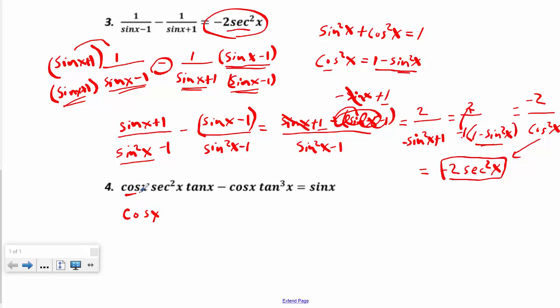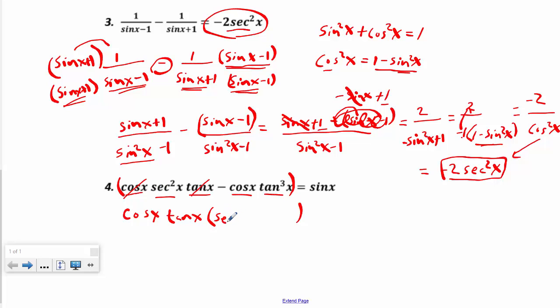But what I'm going to do is actually look at here. I have cosine x and tangent x on this side of this particular binomial expression. We got a term here and a term here. But this has a cosine, and so does this. This has a tangent on this side, and so does this. So I'm going to factor out a cosine x tangent x. And what that's going to leave me inside this parentheses is basically secant squared x.